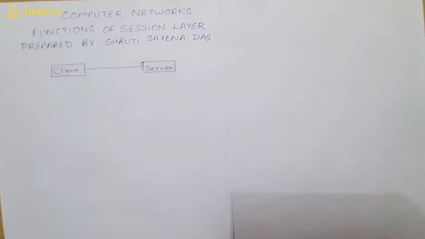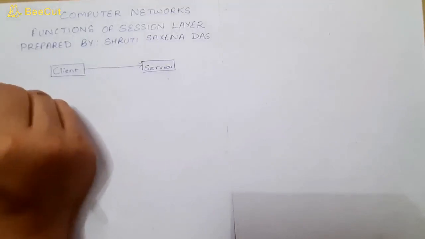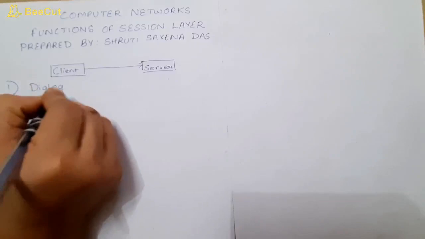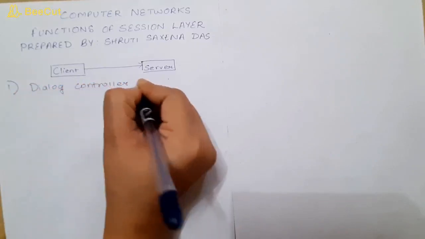So once the session is started, then only your client will be able to access information from the server. For that purpose, we have a function performed by the session layer, which is known as dialog controller.